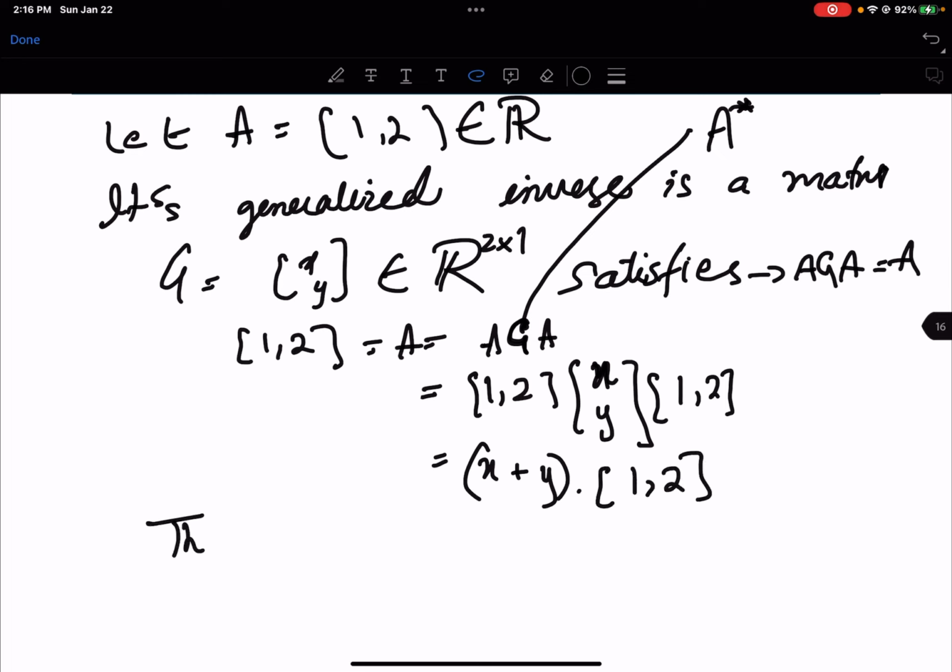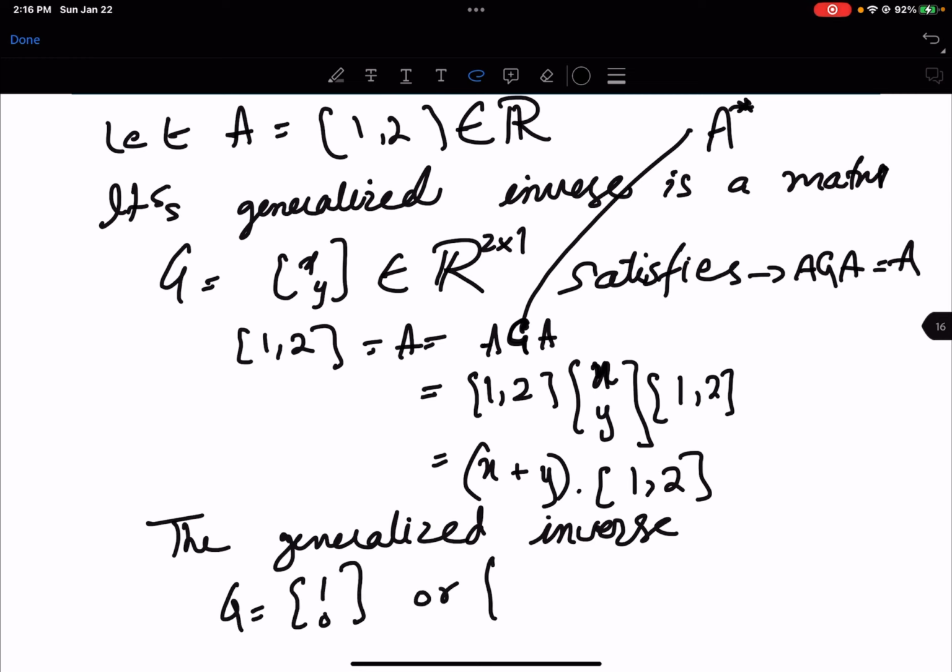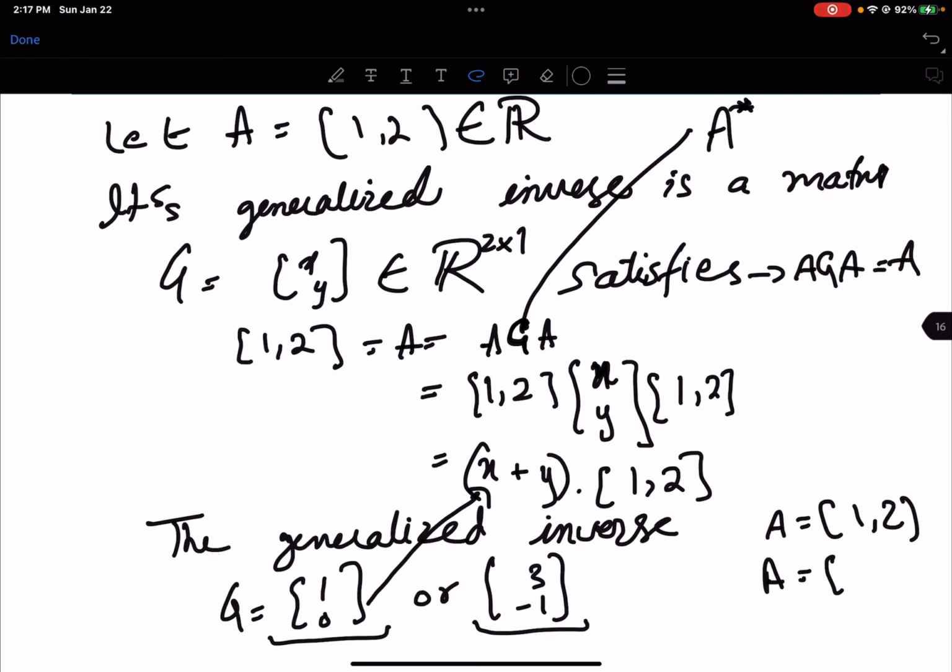So what about the generalized inverse? There are two possibilities. Now we don't have a single unique inverse. Rather, we can put x equal to 1 and y equal to 0, and we get matrix A, 1 2. Now what about 3 and minus 1? Again we put the value of x and y, and our matrix A is 1 and 2.